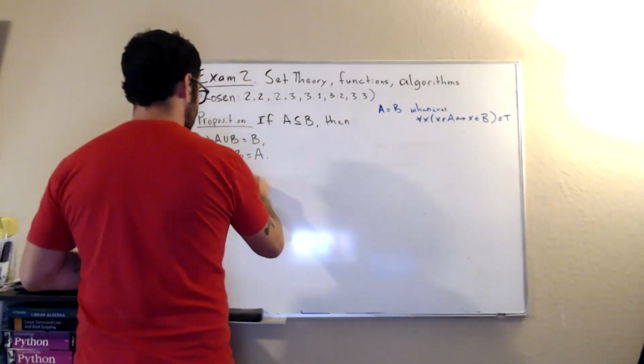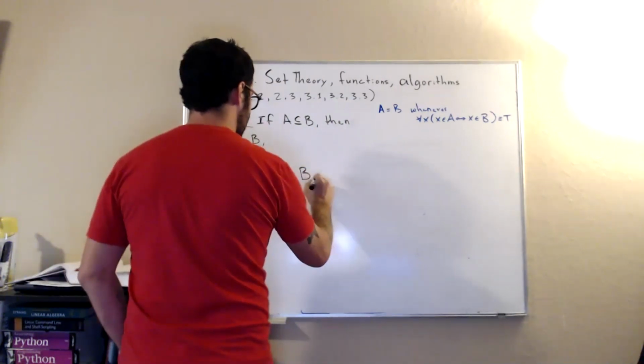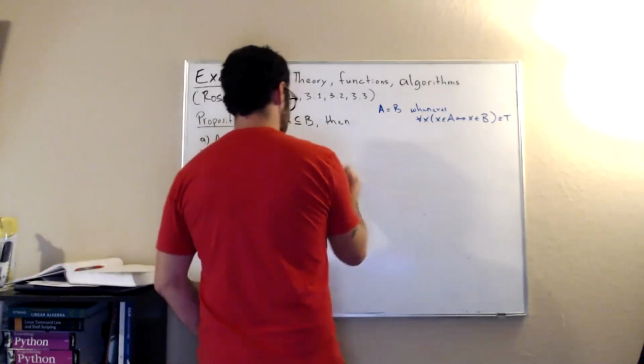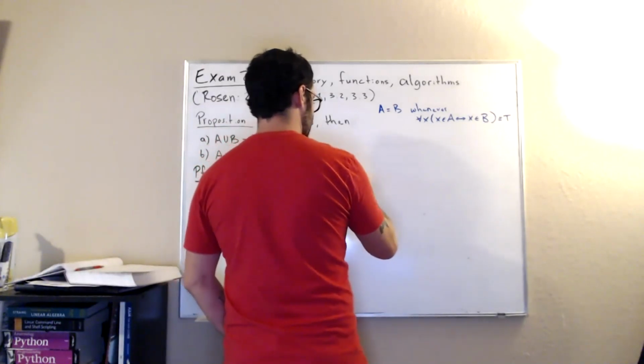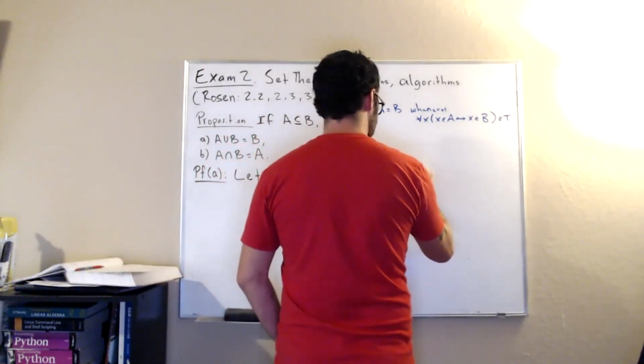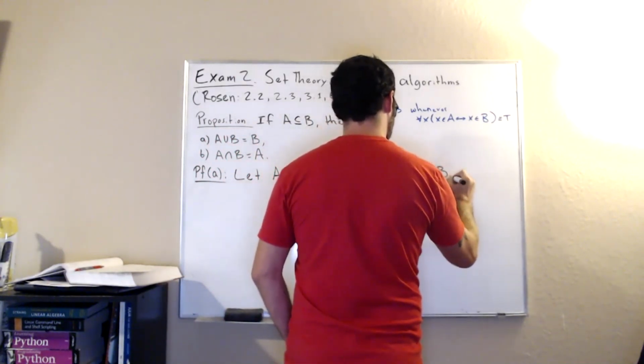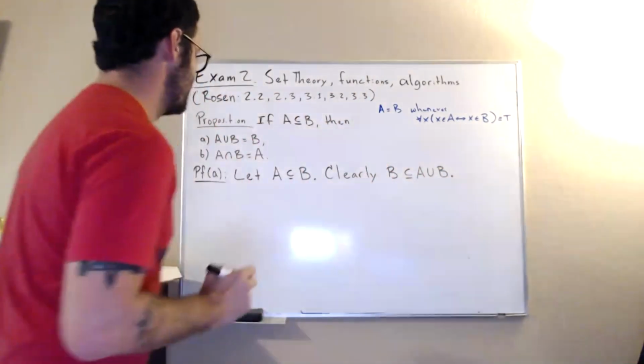So let A be a subset of B, and then I'll write clearly B is a subset of the union.